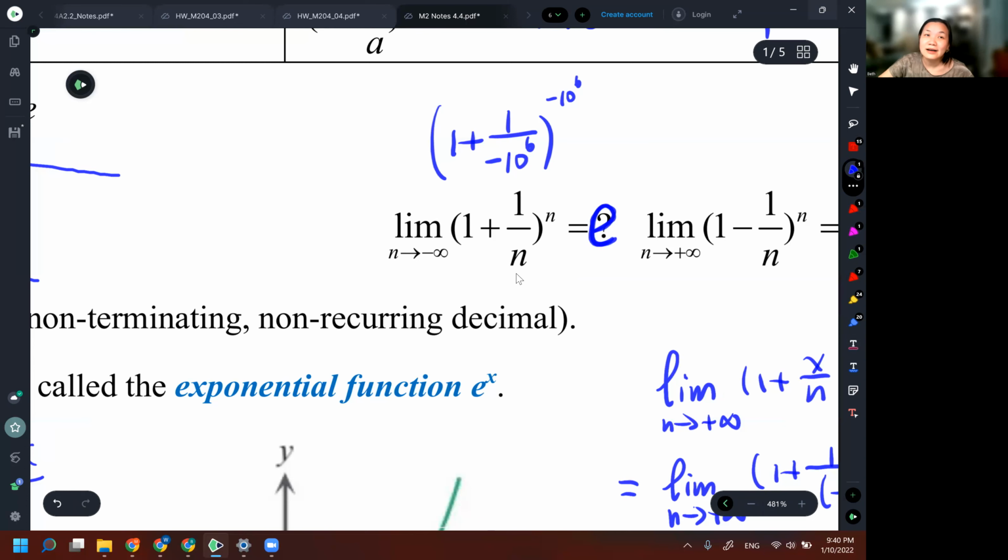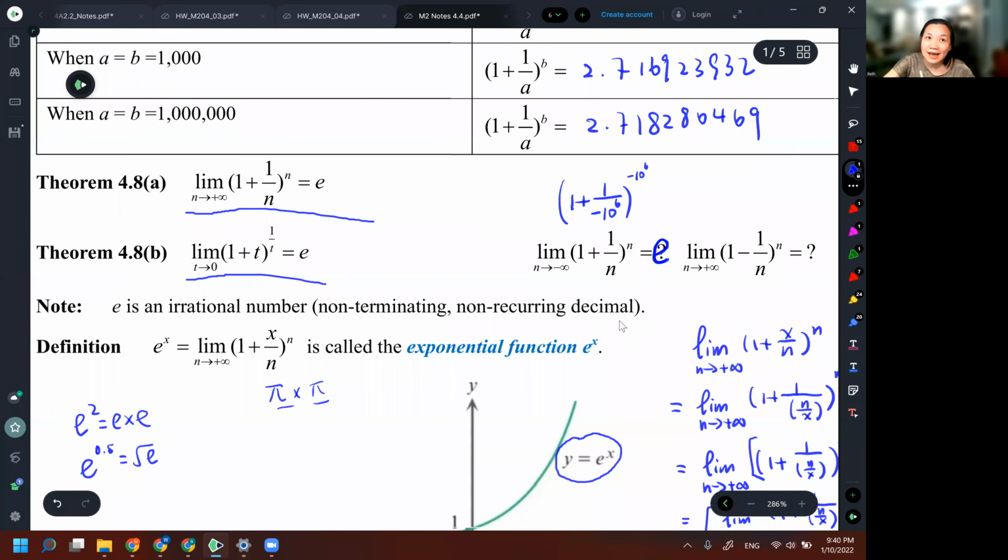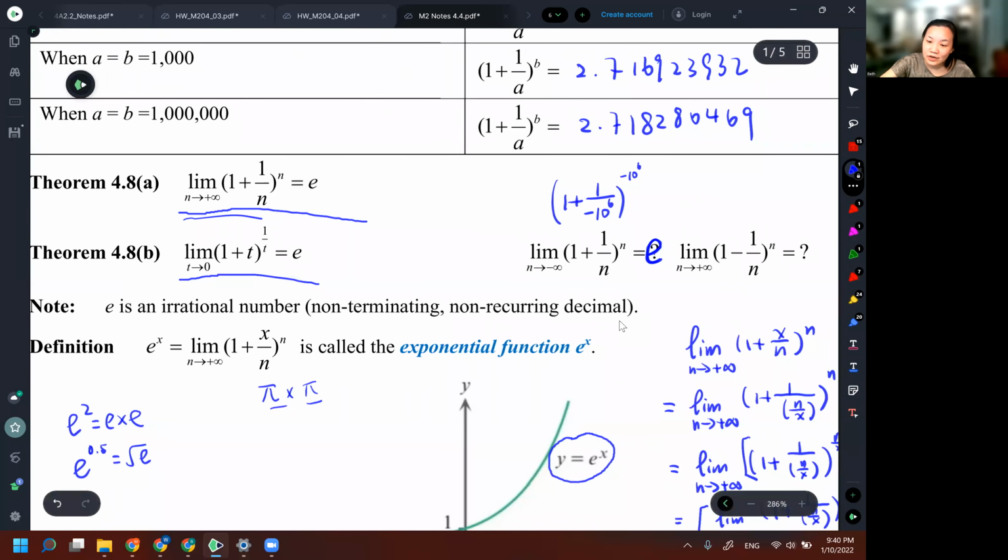So in order to make all your exercises easier, because sometimes you have the negative sign there and it's difficult if you don't have this limit with you, you memorize 4.8a, this one. You also memorize this one, and then this one.